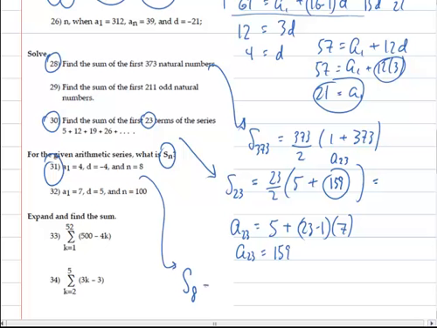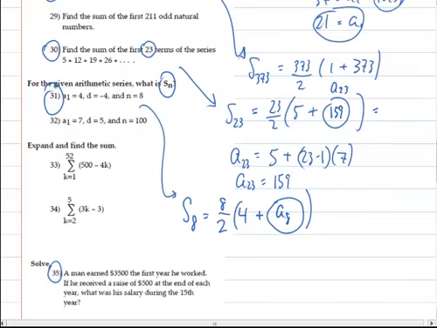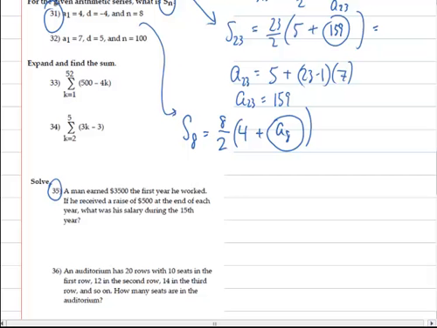You would know that you have 8 over 2 times the quantity 4, and you would need again to find out what a_8 was. So I'm going to pause the video again and calculate a_8 using this equation.